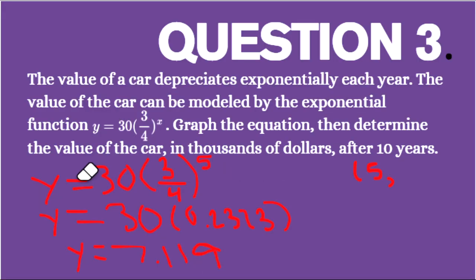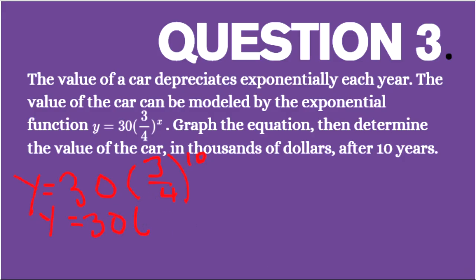All right, let's do another plot point. Let's do 10 years this time. Yeah, just to torture myself. Why not? So we have y equals 30 times 3/4 raised to the power of 10. Write down the rest of my problem first, so I hopefully don't screw this up as much as I already have.